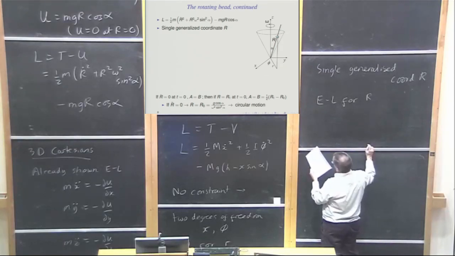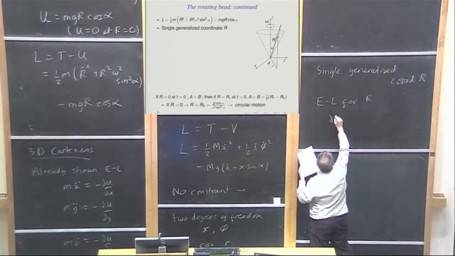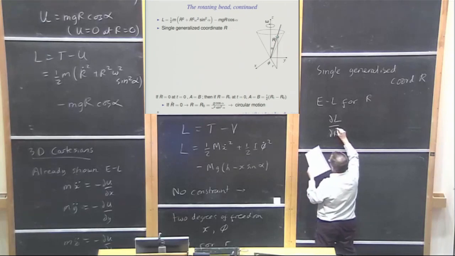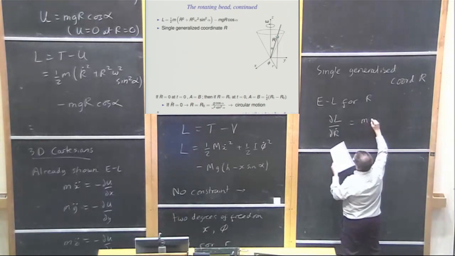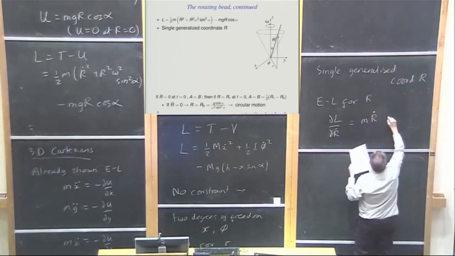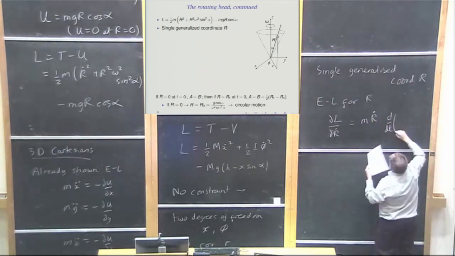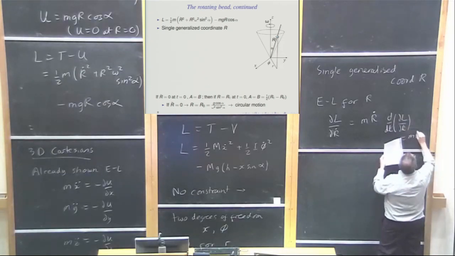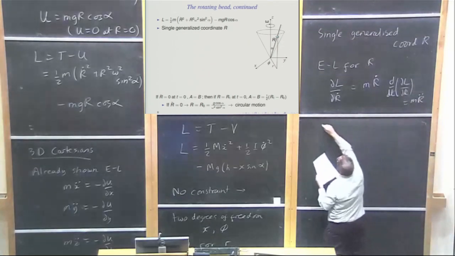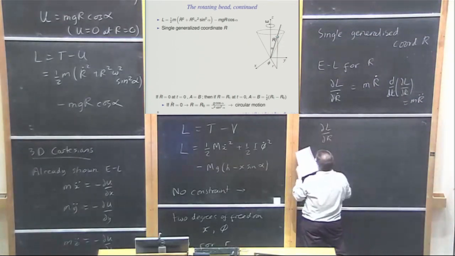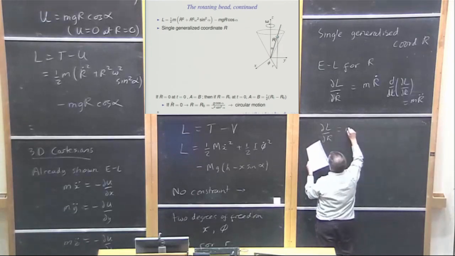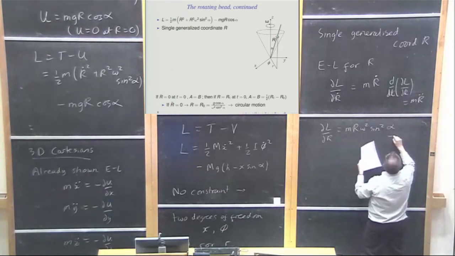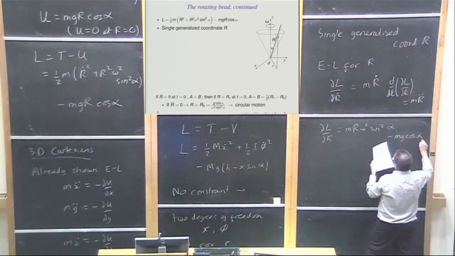Well, okay, for old time's sake, let me just do that explicitly. So dL by dr dot is going to give me m r dot. And so this differentiated with respect to time is going to give me m r double dot, and dL by dr is going to give me m r omega squared sine squared alpha minus mg cosine alpha.